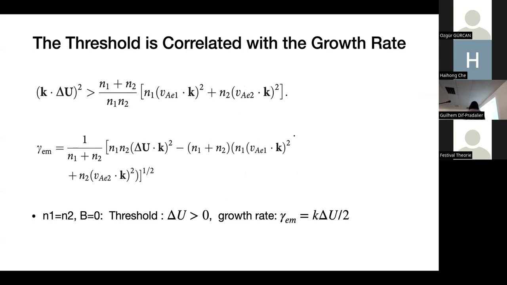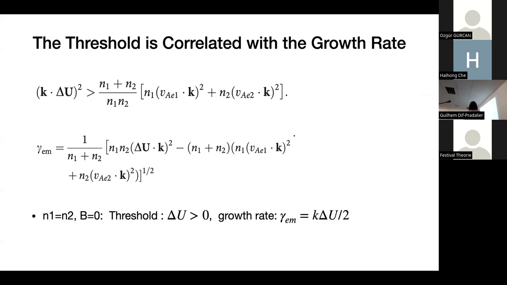Oh no, the growth rate is not that high. In fact, when we are accurate, we can say the growth rate is related to the shear. So the higher the shear, the higher the growth rate.